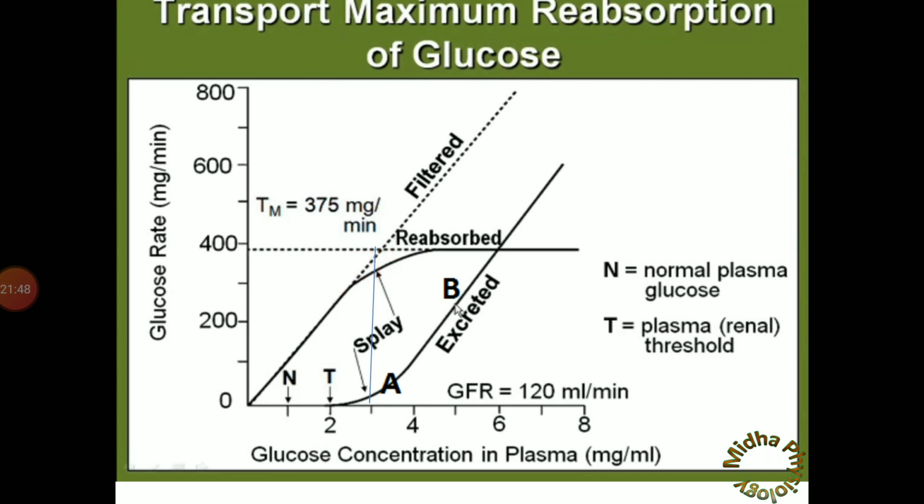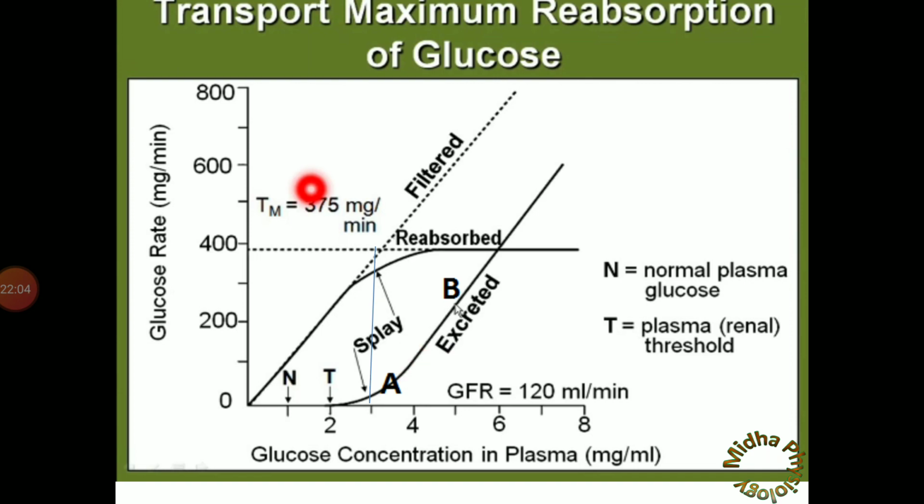Also, it has been found that the reabsorption process of glucose in the renal tubule is not completely irreversible. That may be the reason due to which glucose has started to appear in the urine.